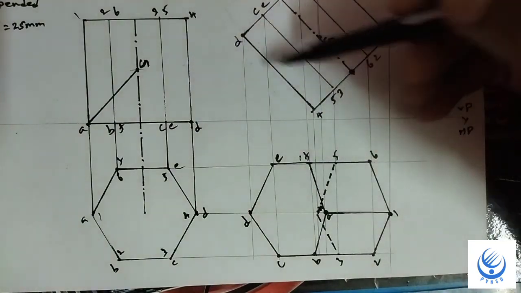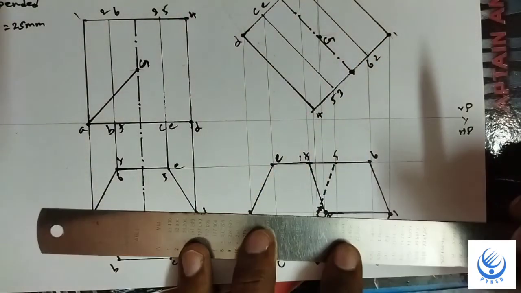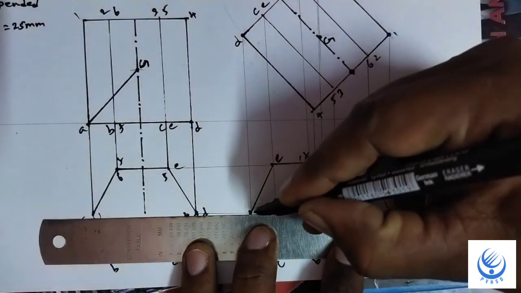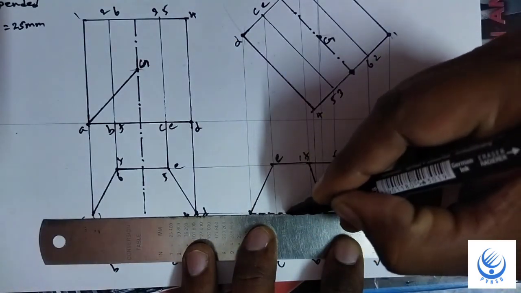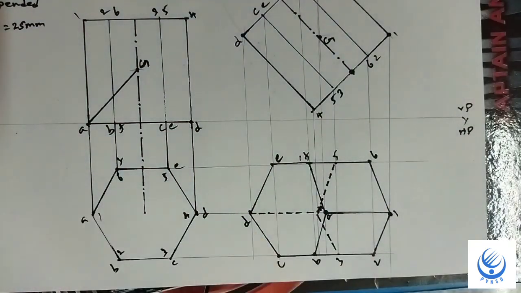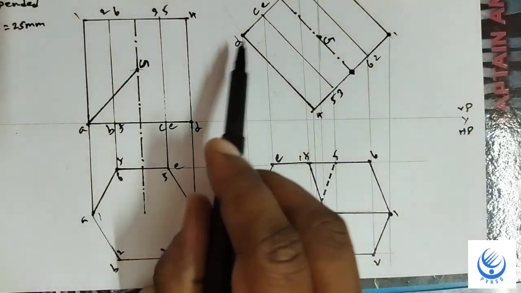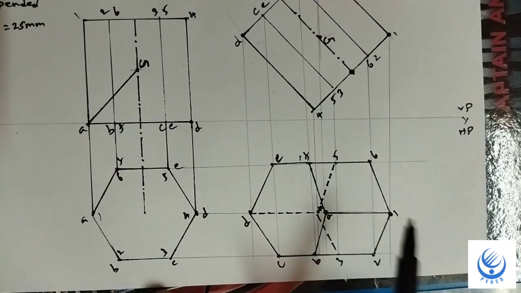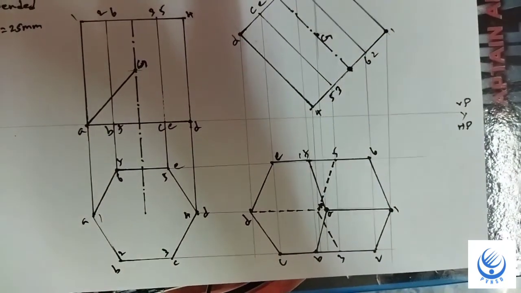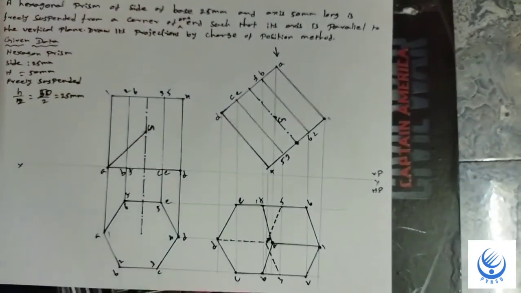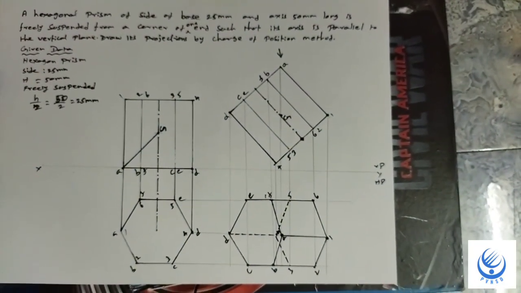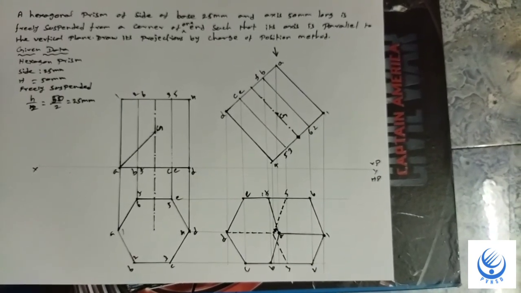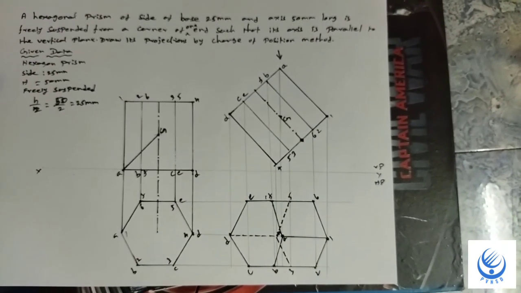Next, D to 4 is the only invisible line, at the bottom of the axis line. Okay, this is the final drawing. Thank you. Thanks for watching this video.